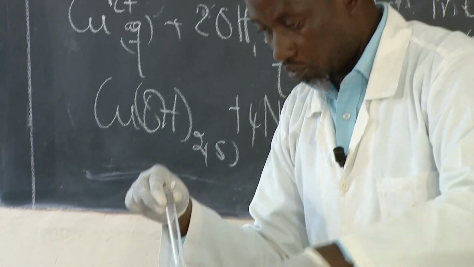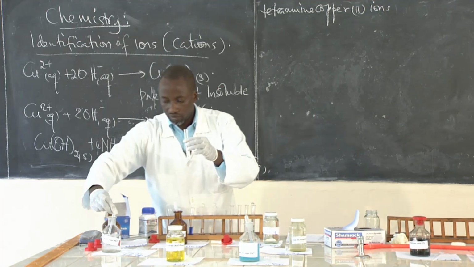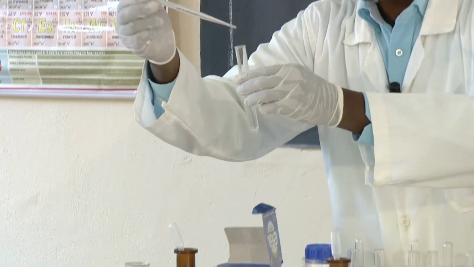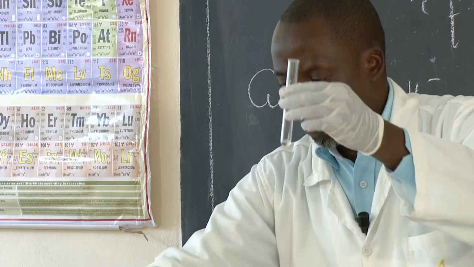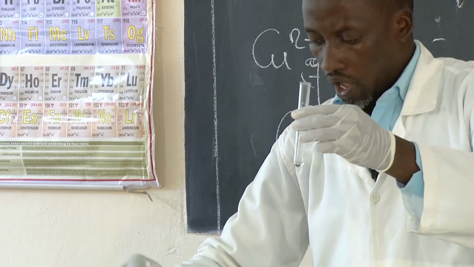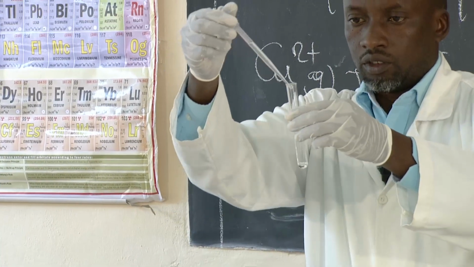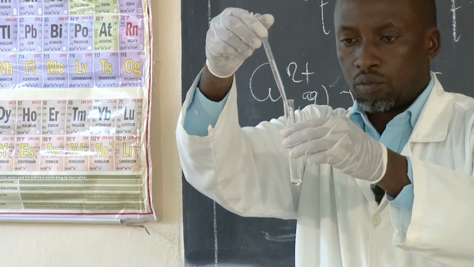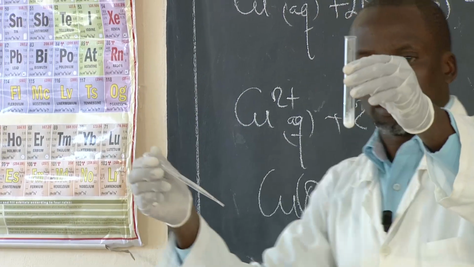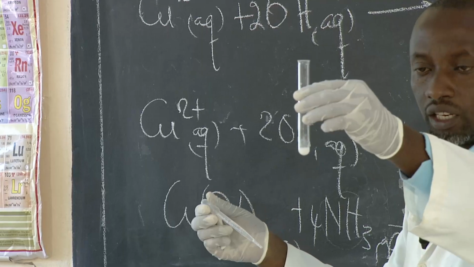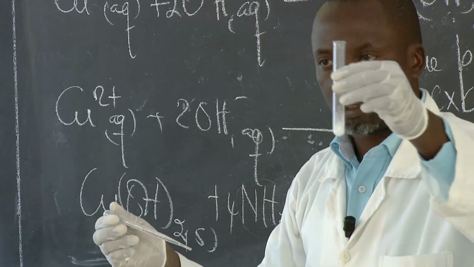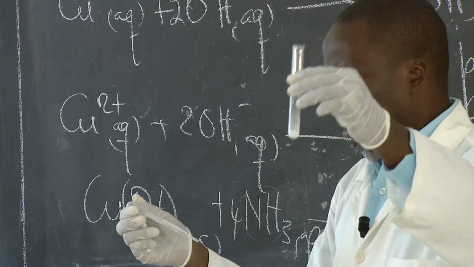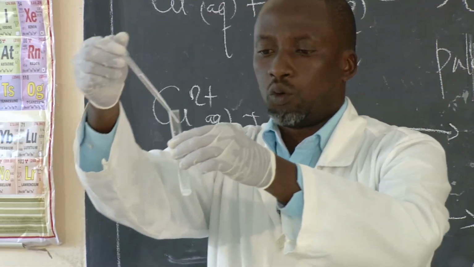I can just repeat that one again to see what happens. A few drops. And then we add drop-wise a few drops of sodium hydroxide, and this is a precipitate. When you look at this precipitate, this is white. I think it is very obvious. Then we add excess.